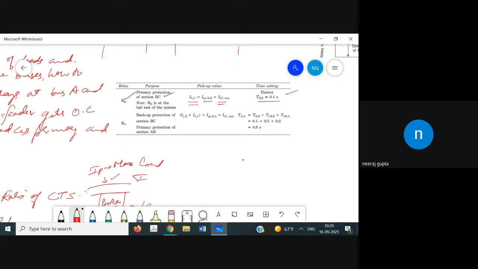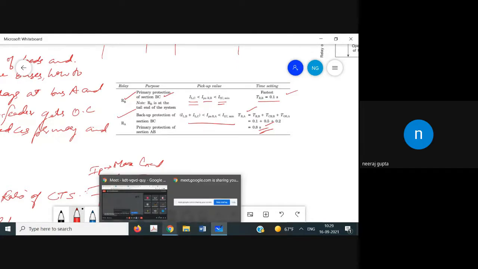Backup protection is by RA, with its own pickup value, and then TRA should be greater than 0.8, so selectivity is maintained between these two.